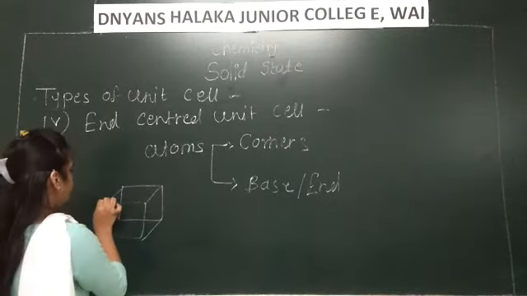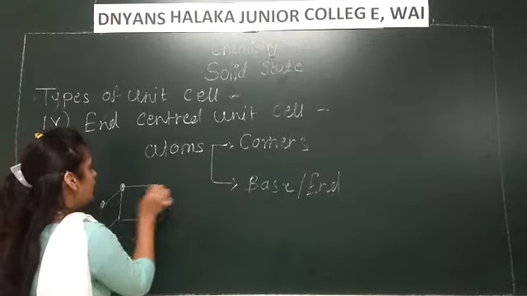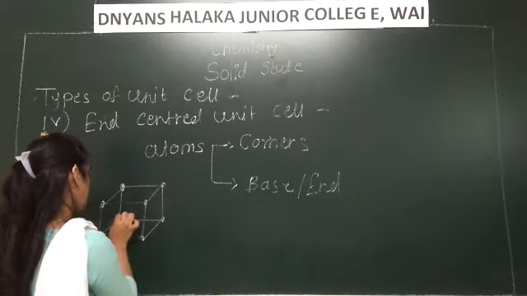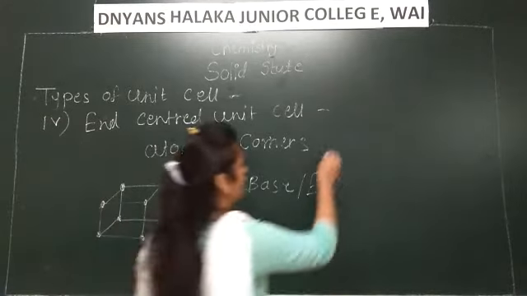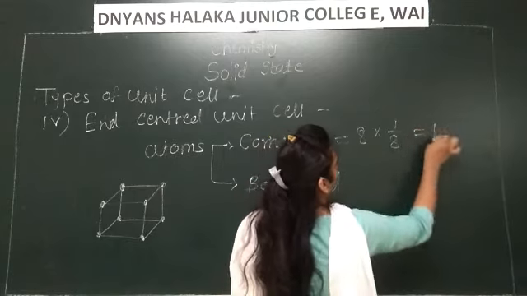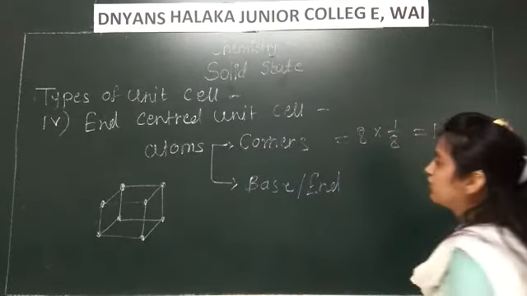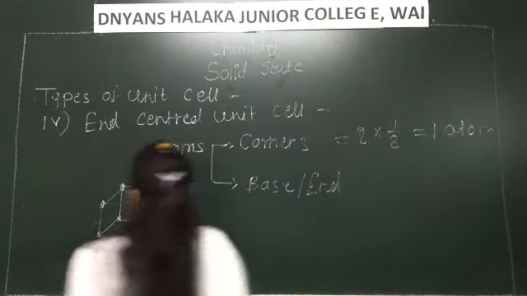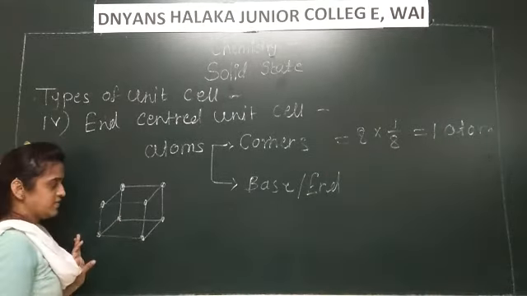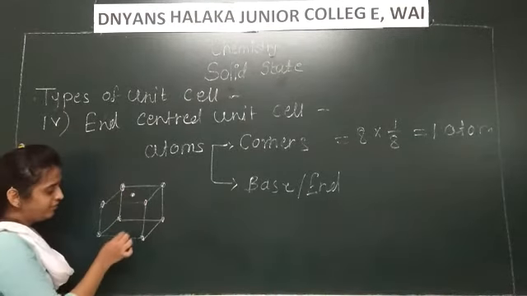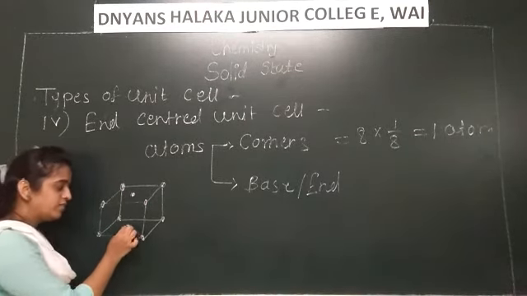of cube, in corner, 8 corners participate in this unit cell. So 8 into 1 upon 8 is equal to 1 atom. And the base or end center cube means any two opposite faces, like this, upper face in the middle and lower face in the middle.